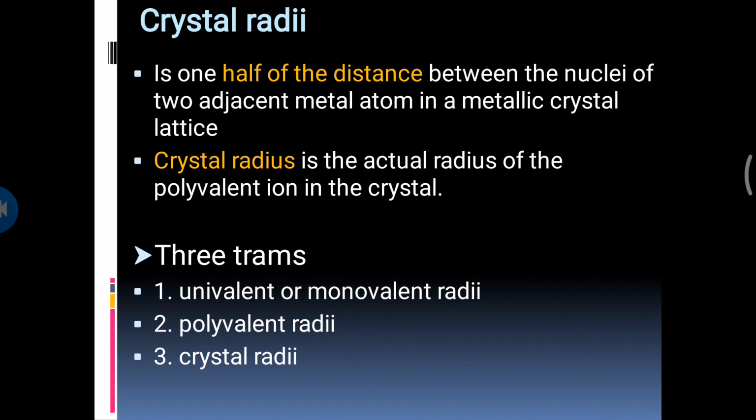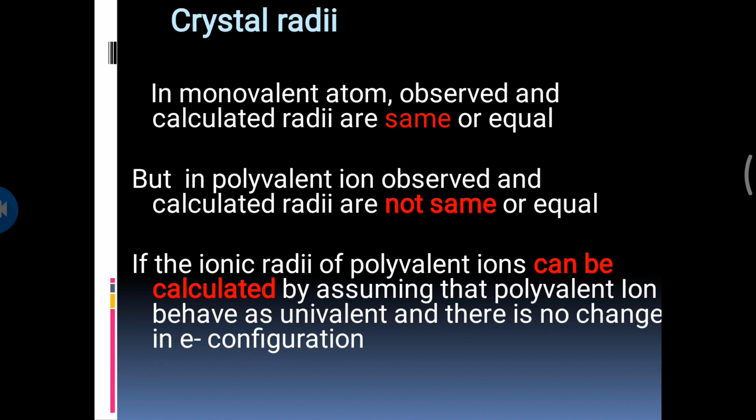Here, for monovalent atoms, the observed and calculated radii are the same, equal, or agree.